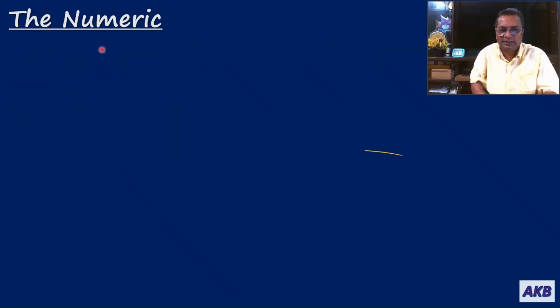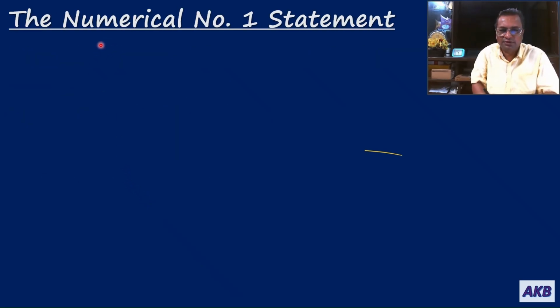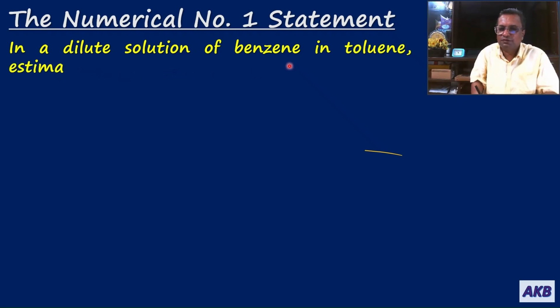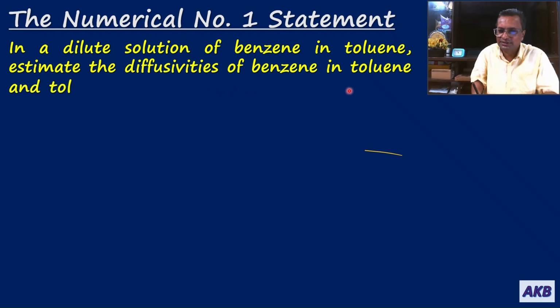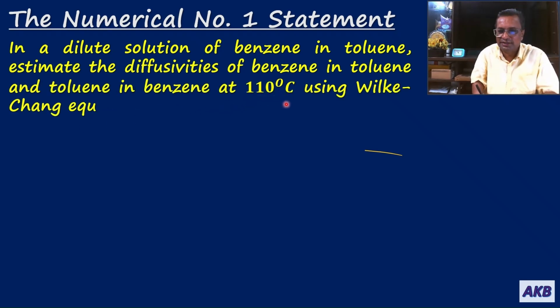Now first, let us look at the statement of numerical number 1. In a dilute solution of benzene in toluene, estimate the diffusivities of benzene in toluene and toluene in benzene at 110 degrees Celsius using the Wilke-Chang equation.